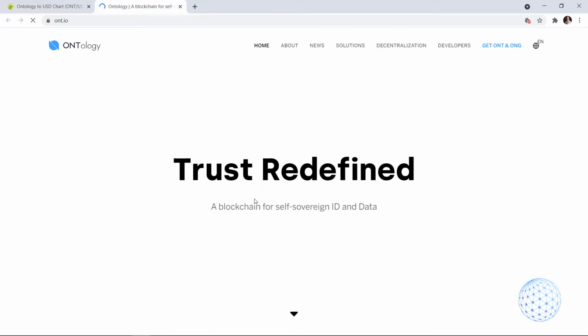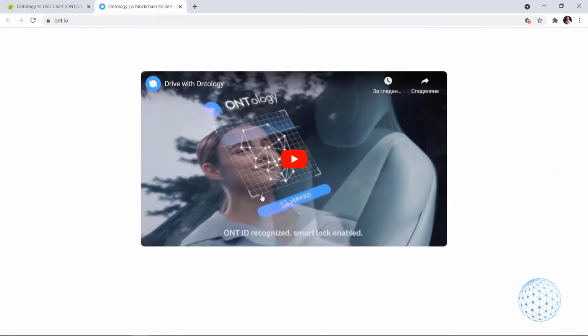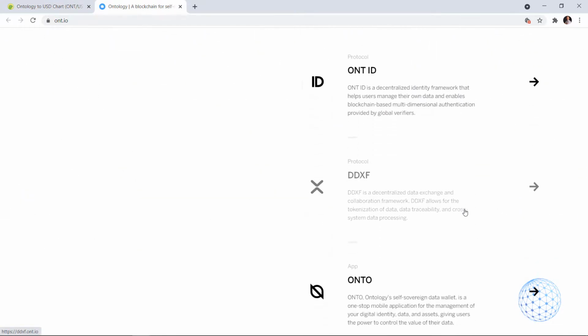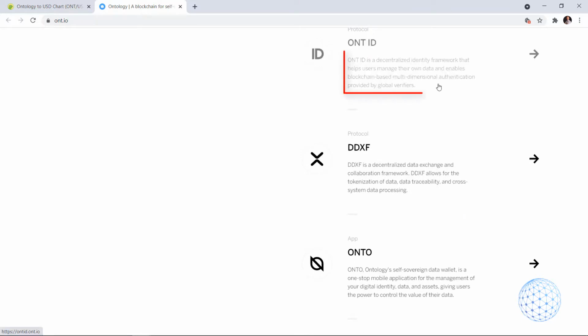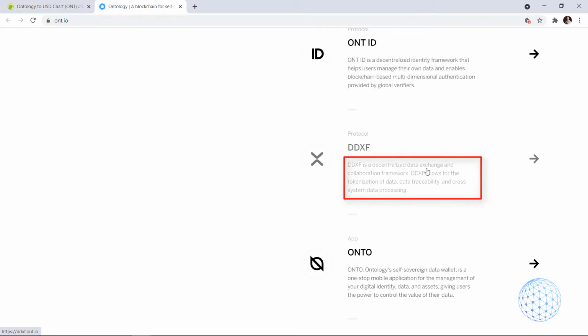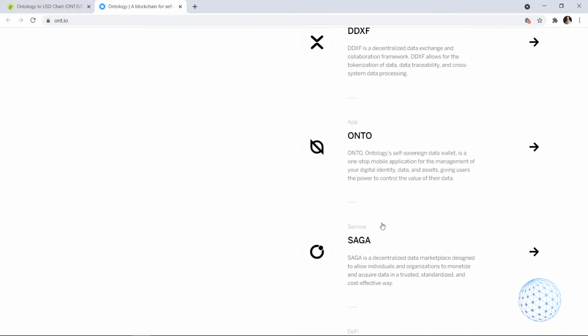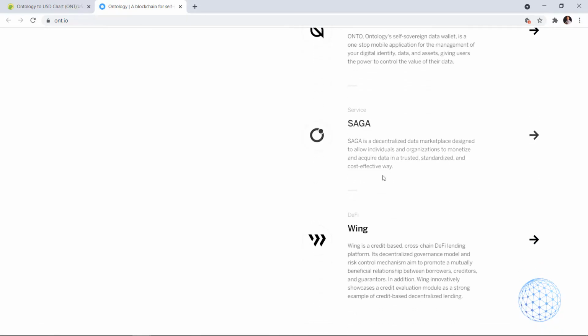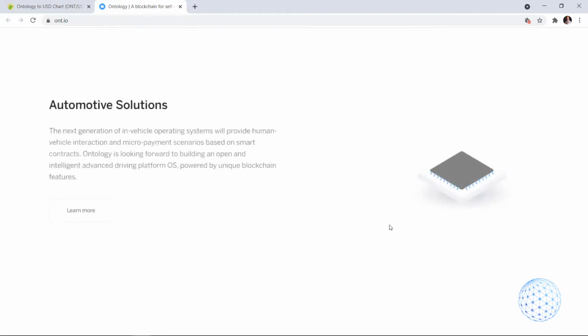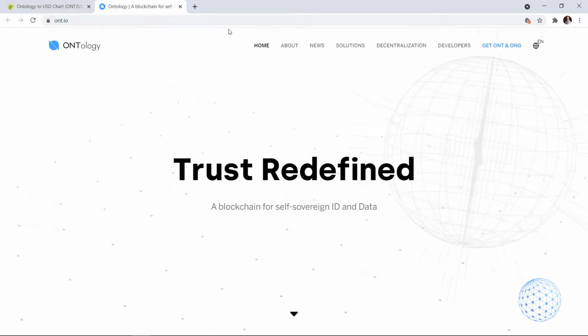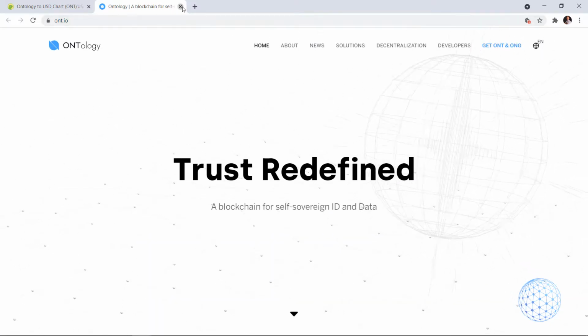For the beginners, Ontology is all about data, and if I scroll down you will see that the protocol ONT ID is a decentralized identity framework, and as well it has its decentralized data exchange which allows the tokenization of data. Right below is the Onto wallet, we have the services, the DeFi wing, and you can go through the website to learn more what Ontology is about.